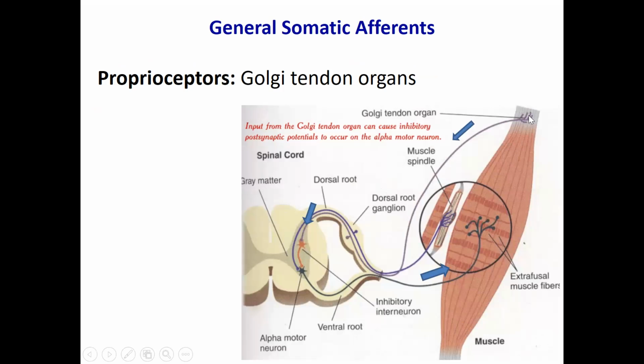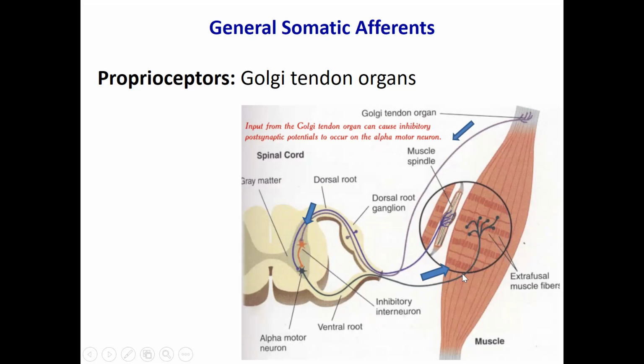These are sensory nerve endings, and the stimulus travels to the spinal cord, where this sensory neuron makes a synapse with an inhibitory interneuron. The inhibitory interneuron has an inhibitory effect on the alpha motor neuron, which innervates the extrafusal fibers.